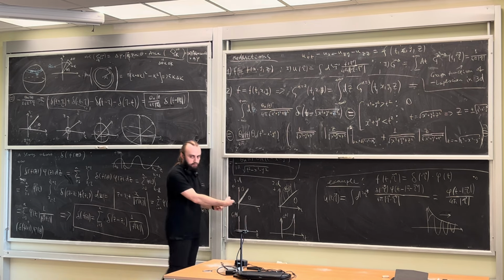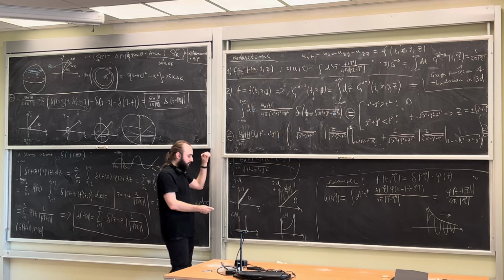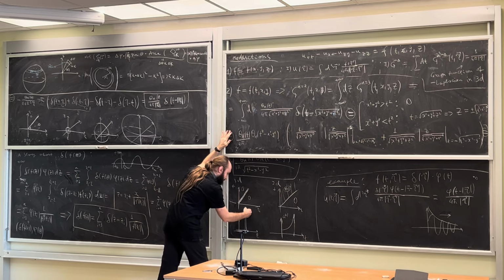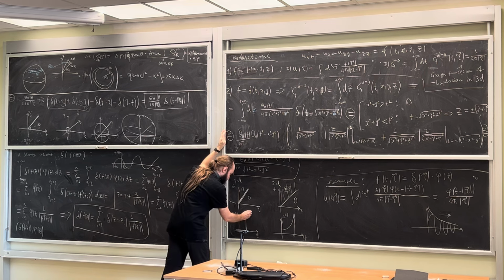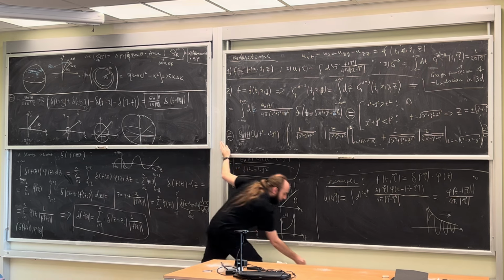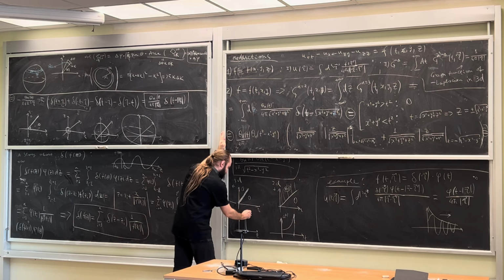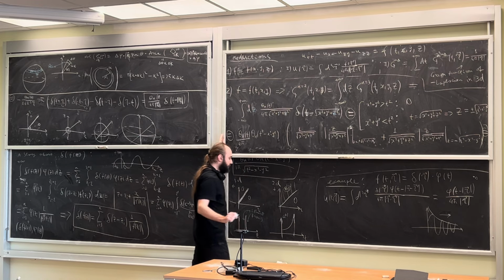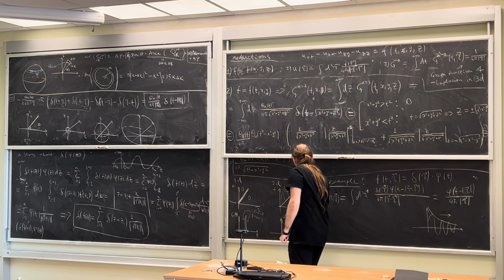So here we have two sharp fronts, forward and rear. And here we have just one.